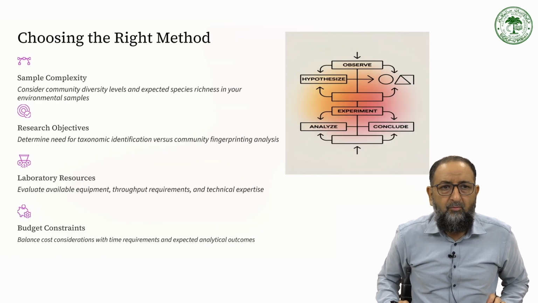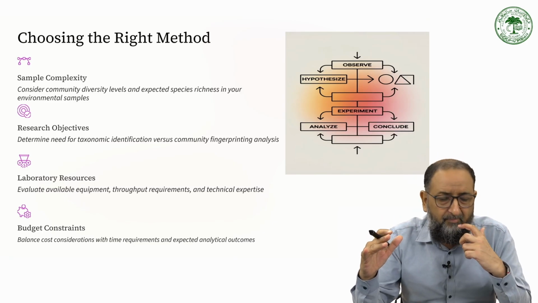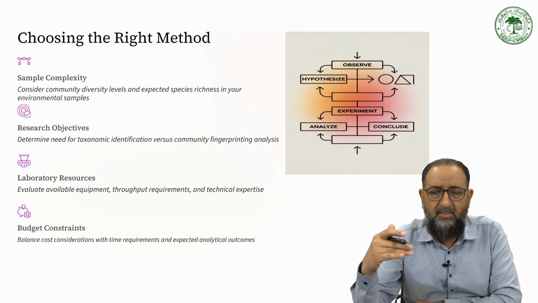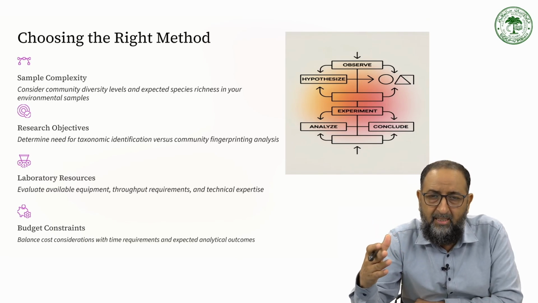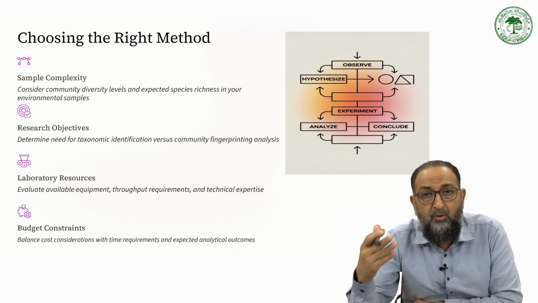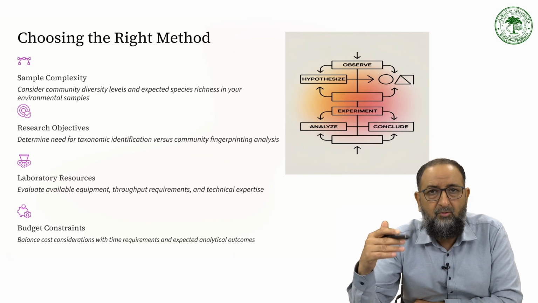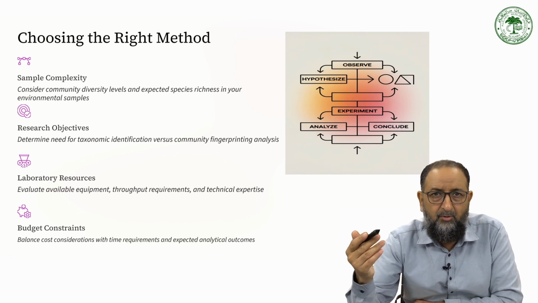Quickly we move to which is the right method. When you are doing research in the lab, as a master's student or as a UG student, looking into projects to identify a marker or to differentiate microbial diversity, which method should be opted for? First we have to observe what your hypothesis is, and look into the sample complexity, which sample you are working on.